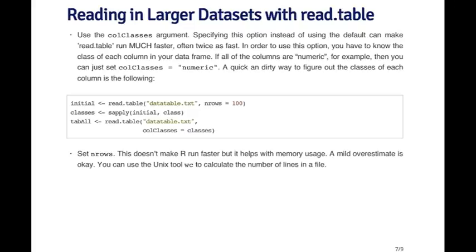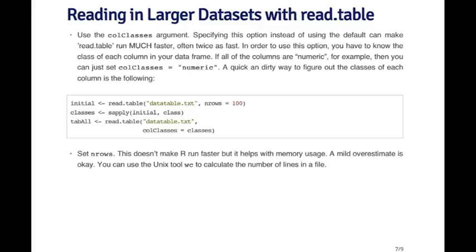That's all well and fine when the data set is small to moderate, but reading each of these columns and trying to figure out what type of data it is takes time, takes memory, and can generally slow things down. If you can tell R what type of data is in each column, then R doesn't have to spend the time to figure it out on its own. So it'll generally make read.table run a lot faster, and you can save yourself a lot of time.